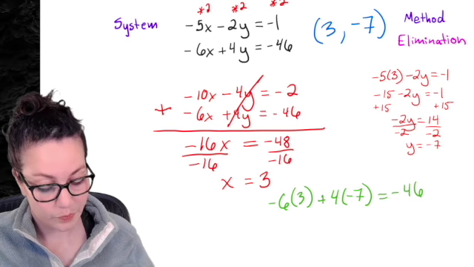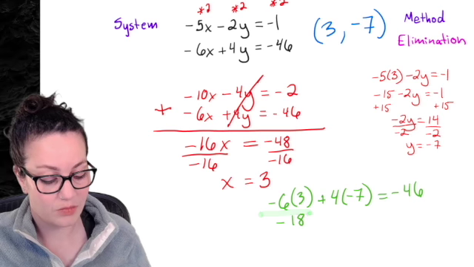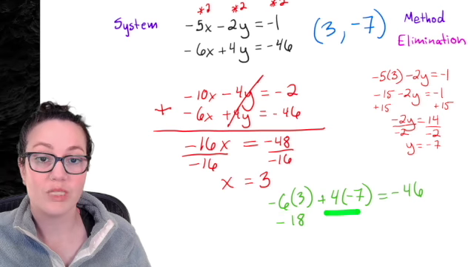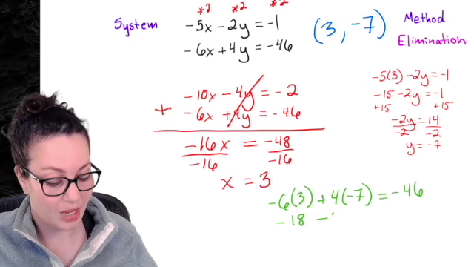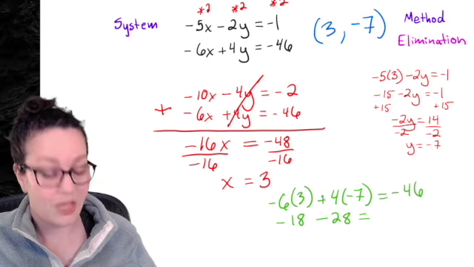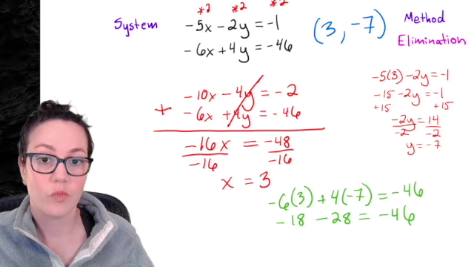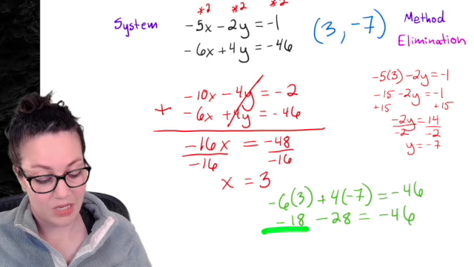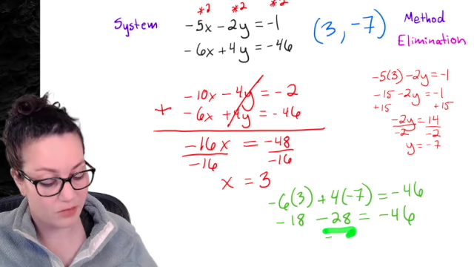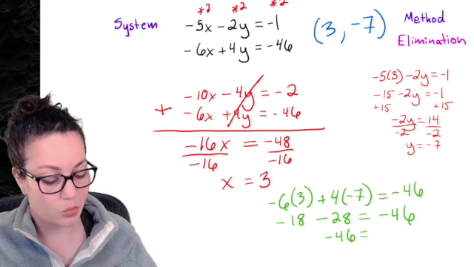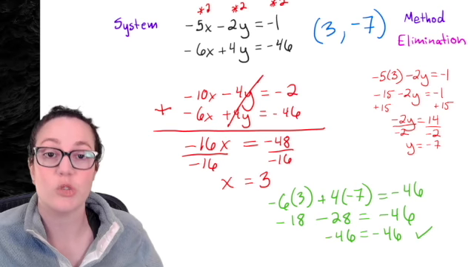Okay. Negative 6 times 3 is negative 18. 4 times negative 7 is negative 28. So I'm going to write this as minus 28. And that should all equal negative 46. Well, negative 18 minus 28 is indeed negative 46. So we have a true statement, and our solution to this system is correct.